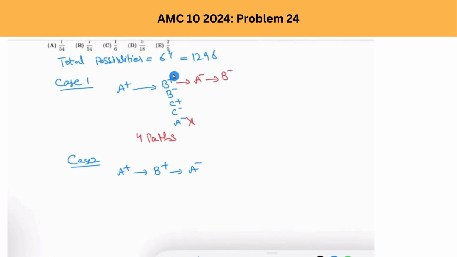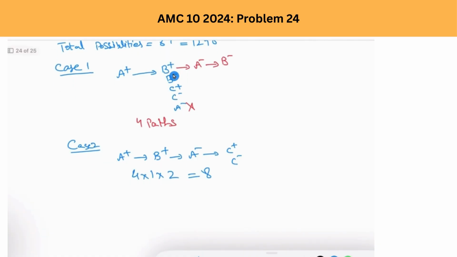Since all axes are involved, the last option could be C plus or C minus. So if I consider all of them, the total number of options that I will get is 4 multiplied by 1 multiplied by 2, or 8 options.